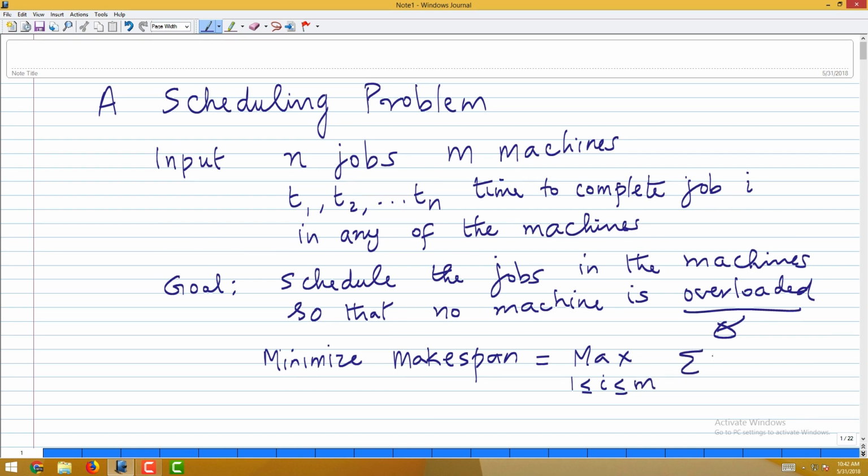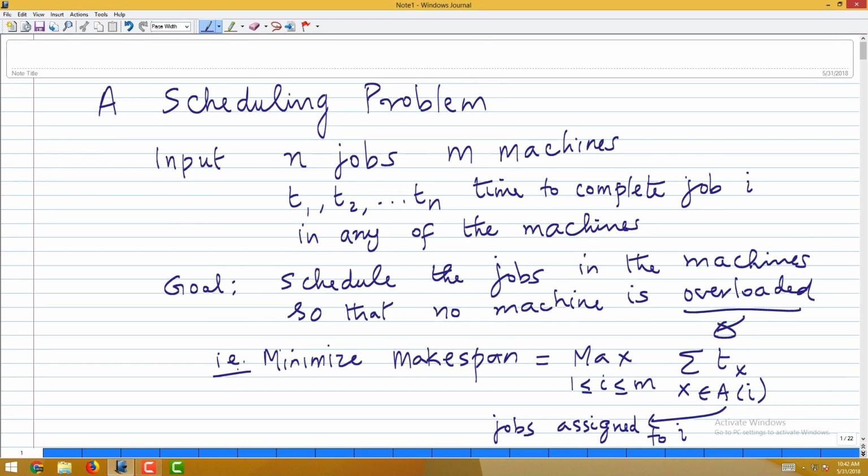Suppose A_i is the set of jobs assigned to machine i. Right, we want to minimize the maximum load on any machine. Okay, so, it is an optimization problem.